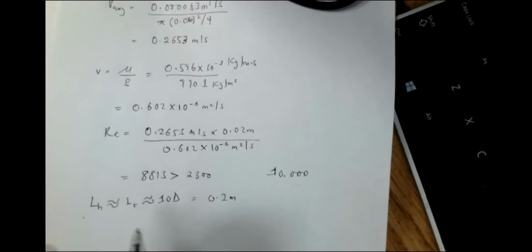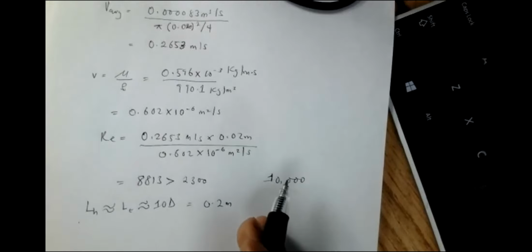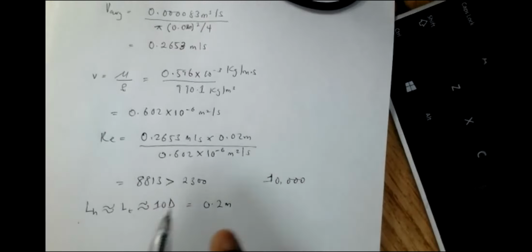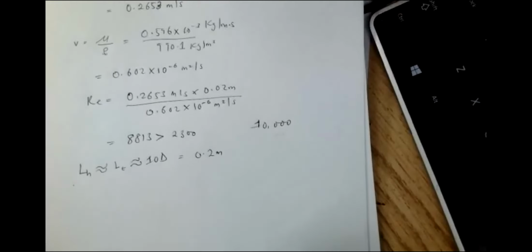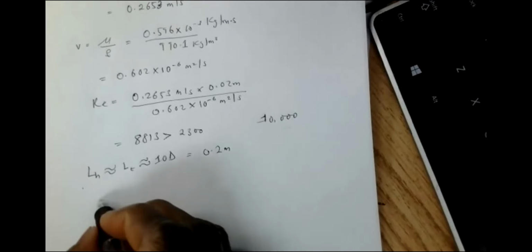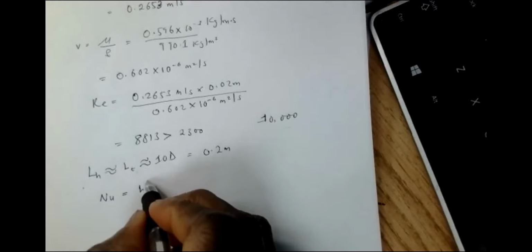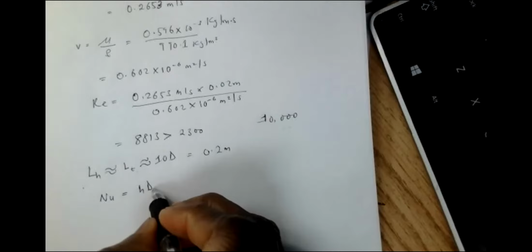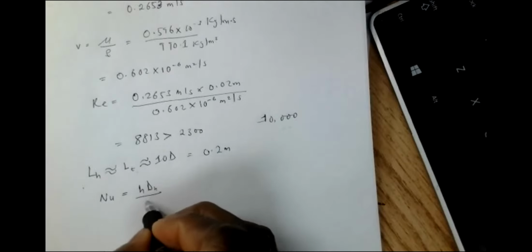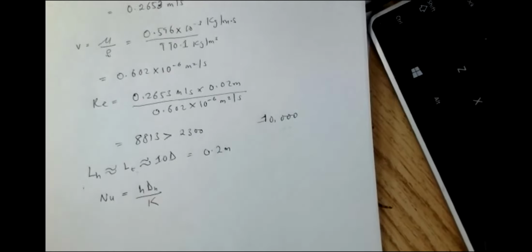This is way shorter than the length of the tube that we're working with. So we can just go ahead and assume that it has fully developed turbulence at this point. Okay, so we can use the Nusselt number formula. We can't assume the Nusselt number to be 3.66 anymore. We have to use the Nusselt number formula to find what the value would be at this point. And this is the formula that we can use to find that.